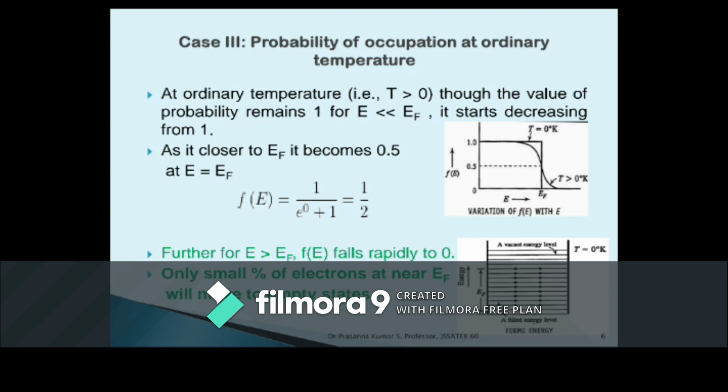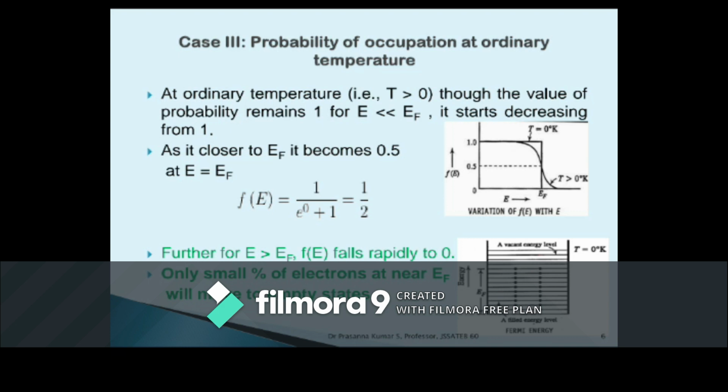Now we are trying to understand the probabilities of occupation for temperatures T greater than 0 K. In that case, the electrons nearer to EF, the topmost levels, absorb energy and get into the unoccupied states above EF.